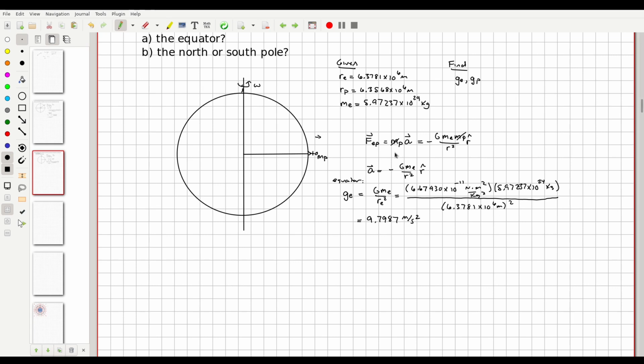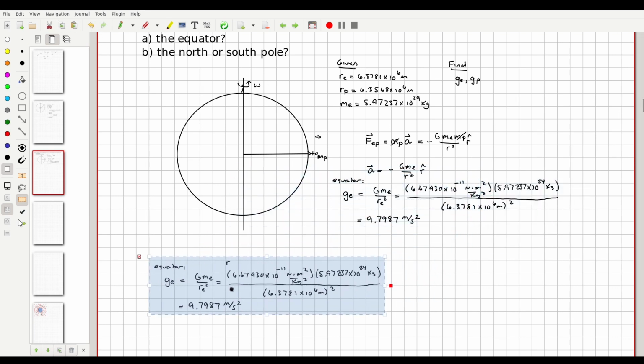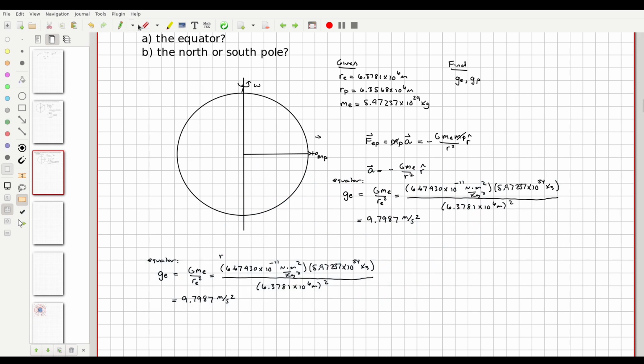Okay, so now let's do the calculation for the acceleration due to gravity at the poles. So it's the same calculation as what we just did. So what I'm going to do is I'm going to snipe this. I'm going to put it over here, and we'll just clean this up a little bit, make it clear as to what it is.